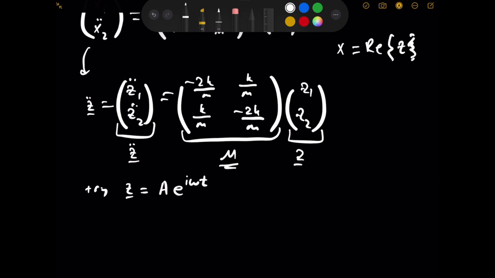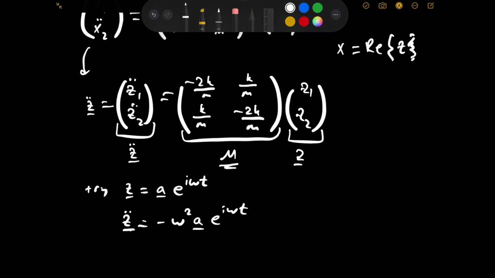In which case z double dot would be minus omega squared, because i squared is minus 1, a e to the power of i omega t. And sorry for the poor notation, a here isn't just a constant, it's a constant vector. Because I tend to use uppercase letters for matrices, I wanted to change to a lowercase a.